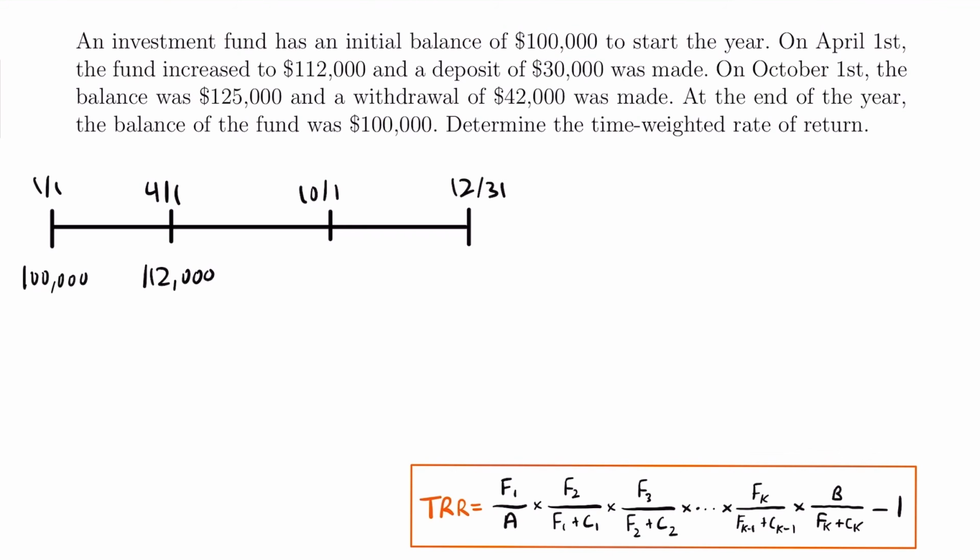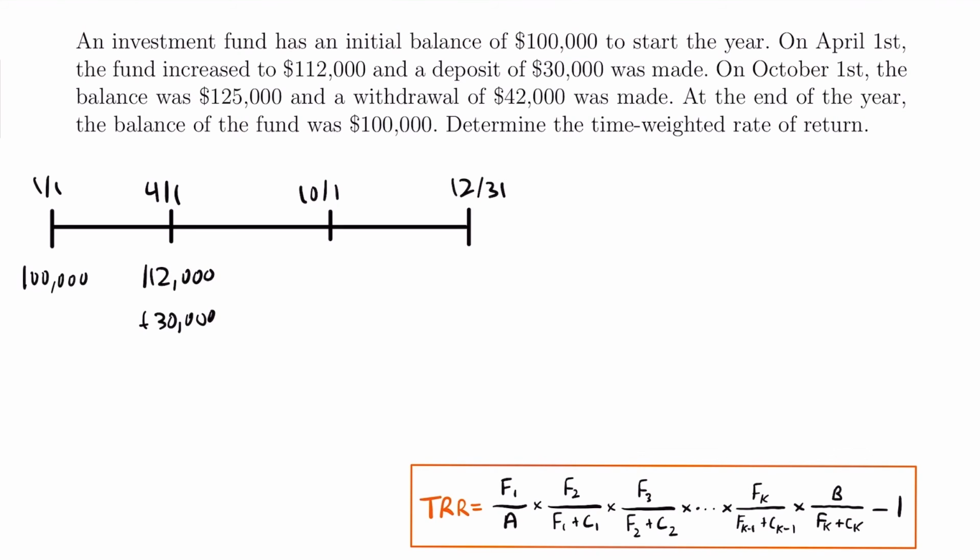And so below this balance, I'm going to write plus 30,000. And so that plus represents that this is a deposit made at this moment in time. That is not the balance of the account. This $112,000 is the balance of the account because it doesn't have a plus or minus in front of it, right?